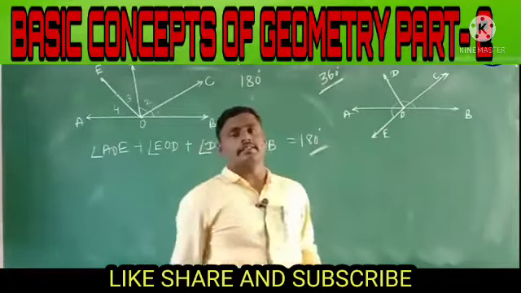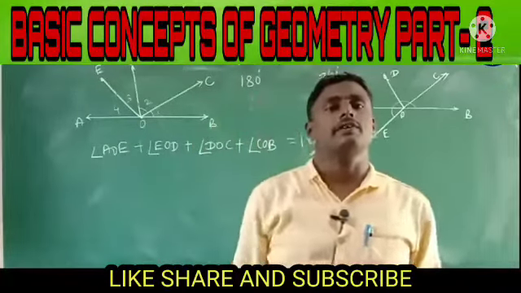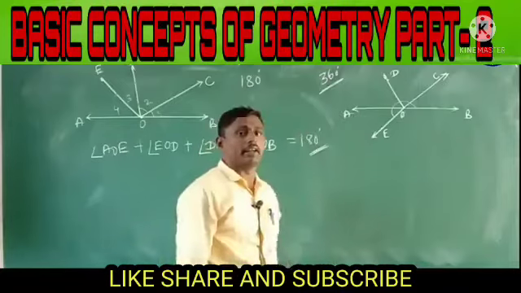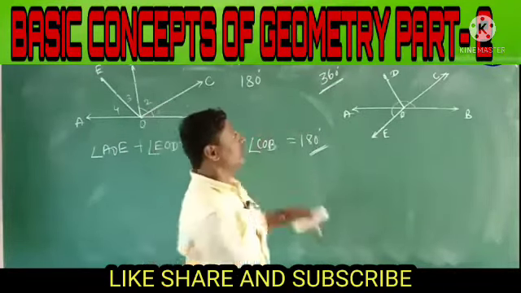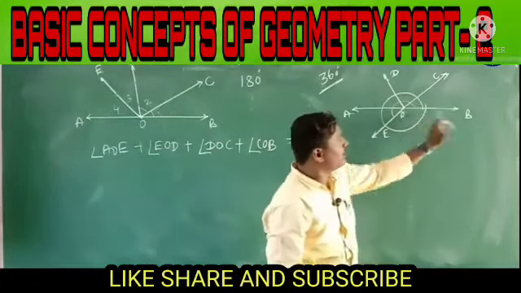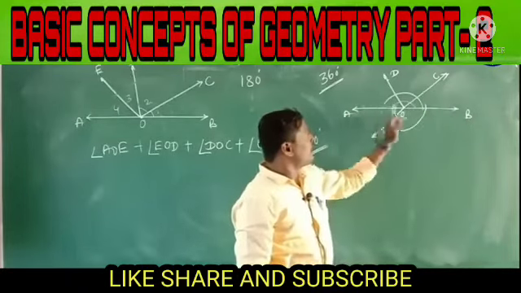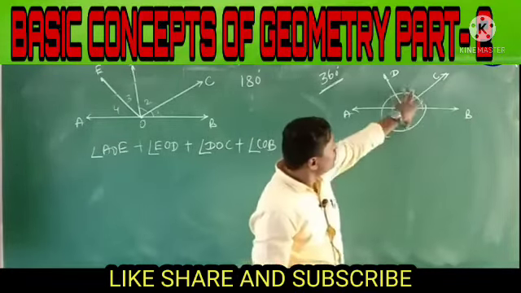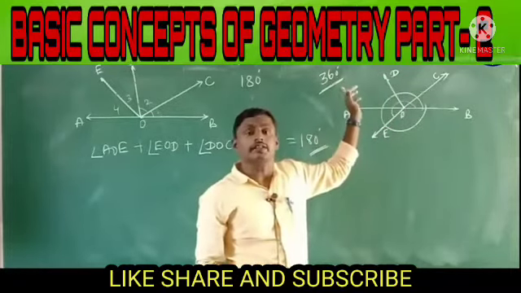We already discussed in the first class that one complete rotation is equal to 360 degrees. Half rotation means 180 degrees. So this is a half rotation and this one is the complete rotation. Here we get one more angle. What is that angle? Angle BOE, angle AOE. So the sum of all these angles is equal to 360 degrees.